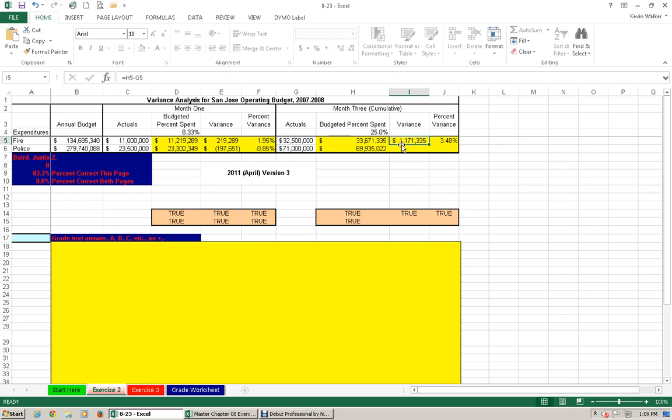All right, so we'll calculate the same way we did for the fire. It'll be the actual budgeted spent minus the actual amount. So in this case, instead of H5 G5, it'll be H6 G6, equals H6 minus G6. And they are in the hole. Remember, if it's in parentheses, it's a negative number.